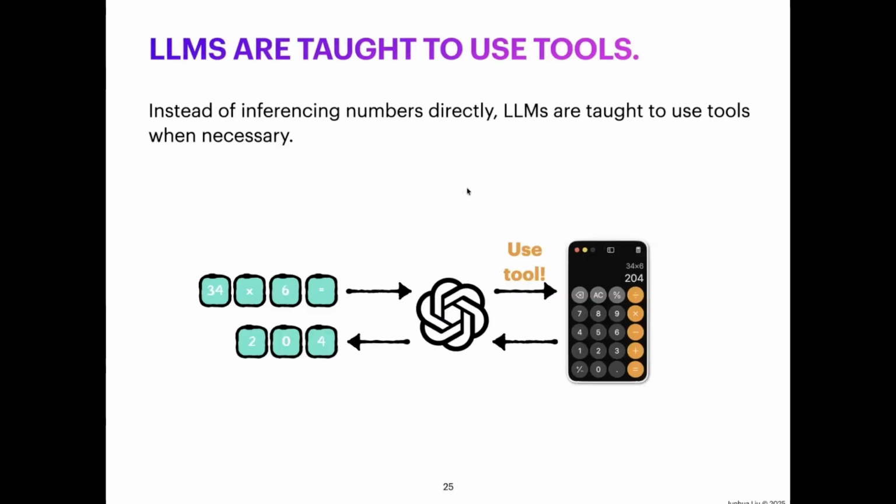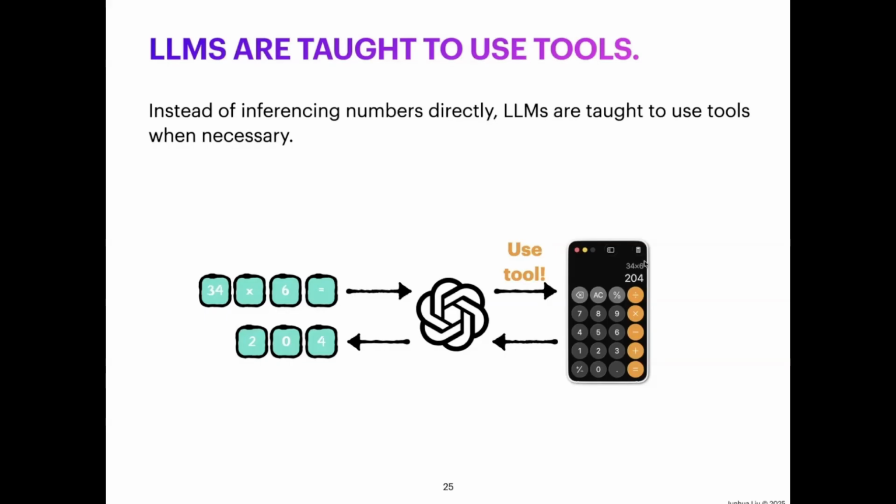To solve this problem, large language models are taught to do more advanced tasks, for instance, using tools. Instead of giving the inputs to a large language model and generating the output by probability distribution autoregressively, the large language model will detect that this task actually requires some external help, and then it will call a suitable tool to perform some deterministic task.